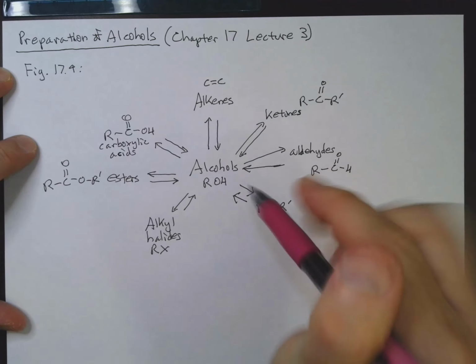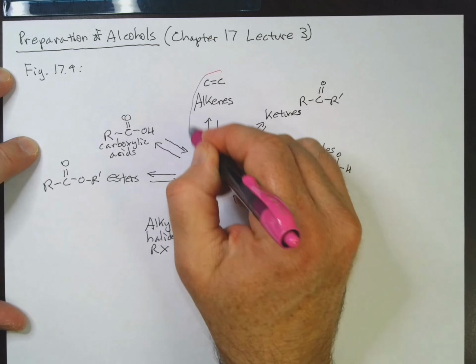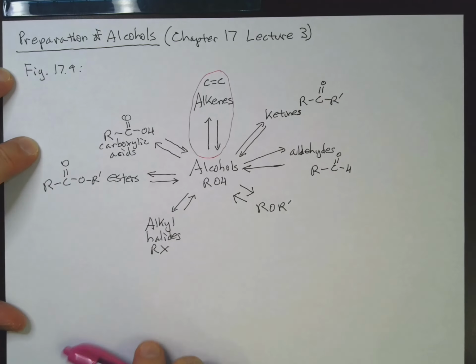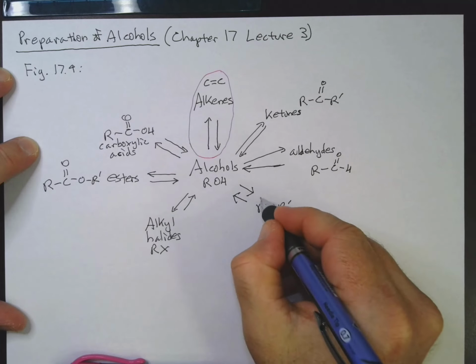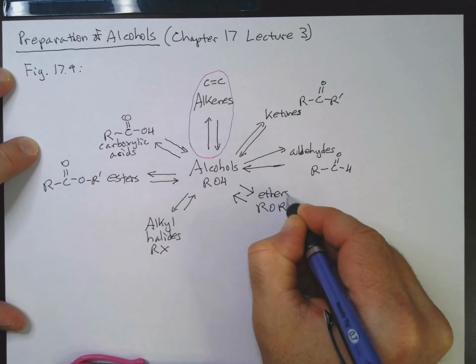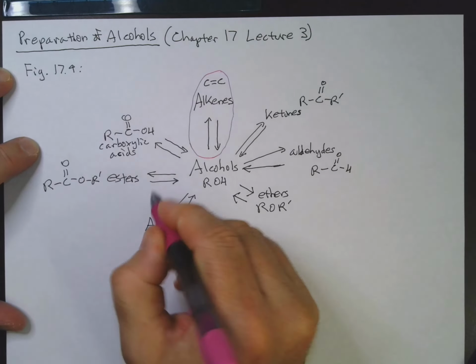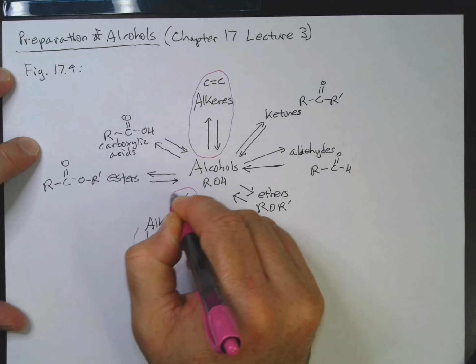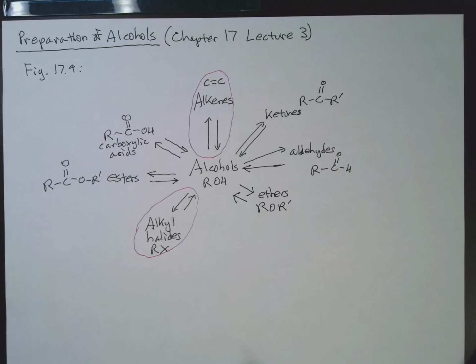So just to circle ones that we've seen. I should add in here ethers. And we've seen how to convert alcohols into alkyl halides.